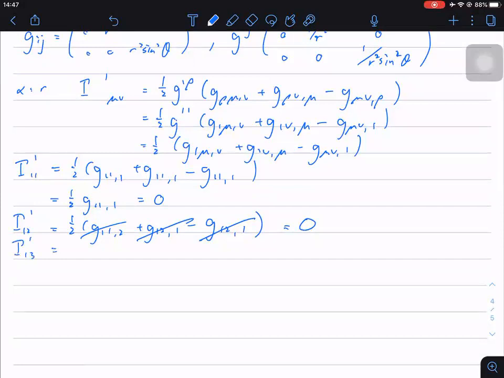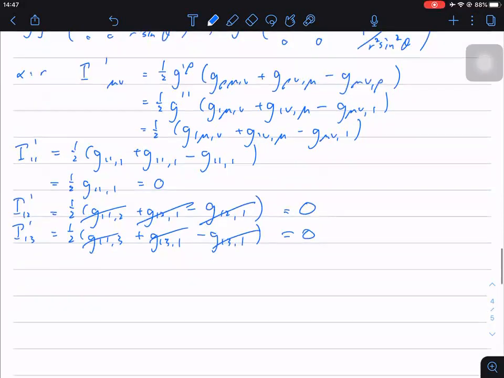So for the 1, 3 term, 1, 1, 3, 1, 3, 1, and also 1, 3, 1, again, 0, 0, 0. And next, for the 2, 2 term, since the 2, 1 term equals the 1, 2 term, the Christoffel symbol is symmetric.